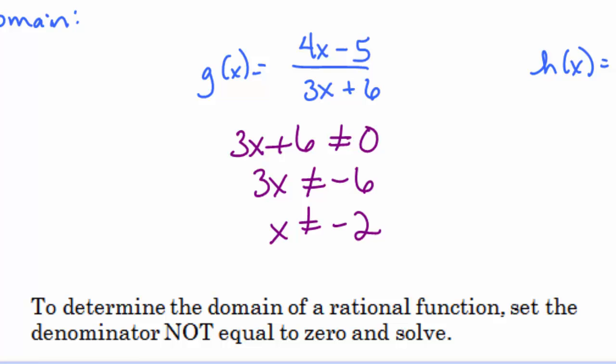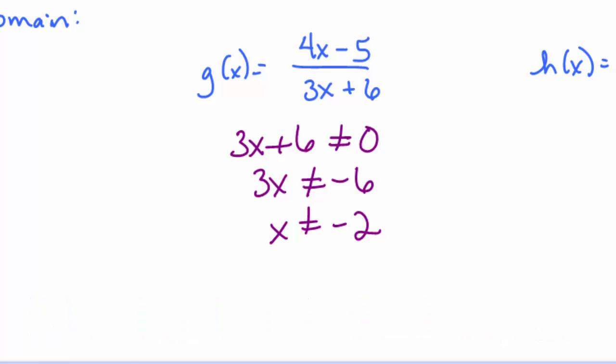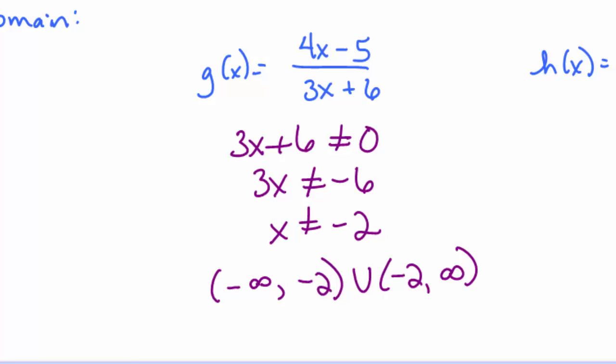So that says x can be anything you want except for -2. Now, the way you're going to have to write that, or on the computer, would be interval notation. So from negative infinity to -2, and then -2 to positive infinity. Notice I put the parentheses saying it gets as close as you can get to -2, but never touches it.